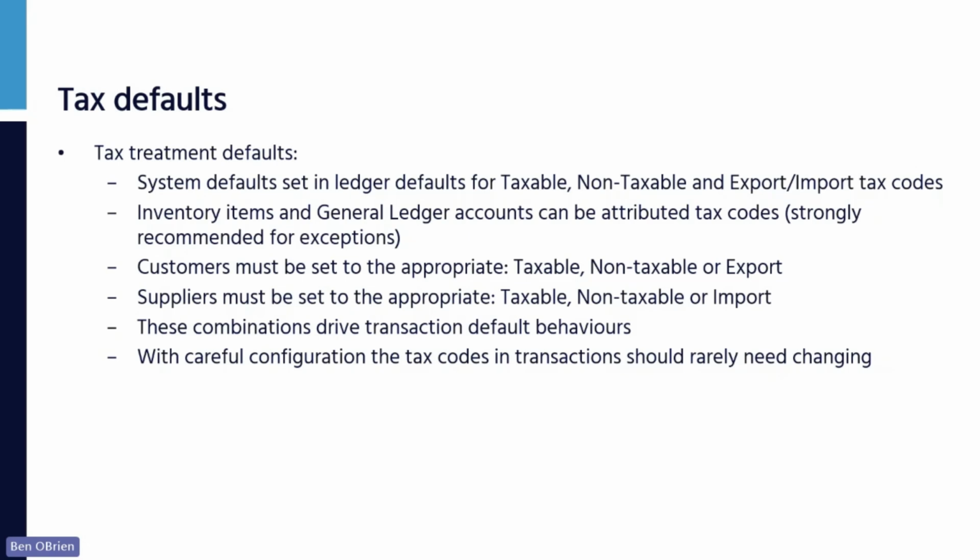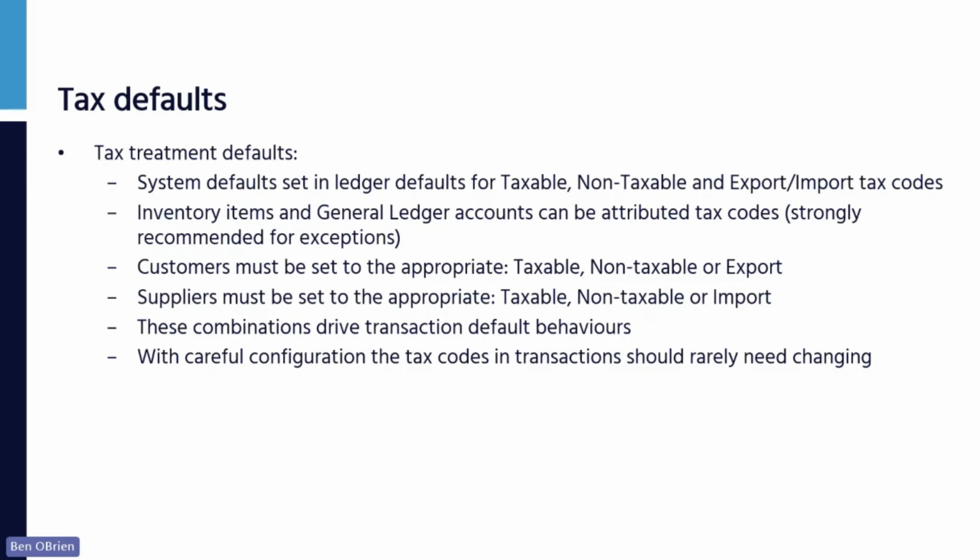So there's various defaults throughout the system that affect the behavior in a default sense. So even if something was set to, say, you've got an export customer, and for whatever reason, in some jurisdictions now, if it is a B2C arrangement, you may need to charge them your local tax.